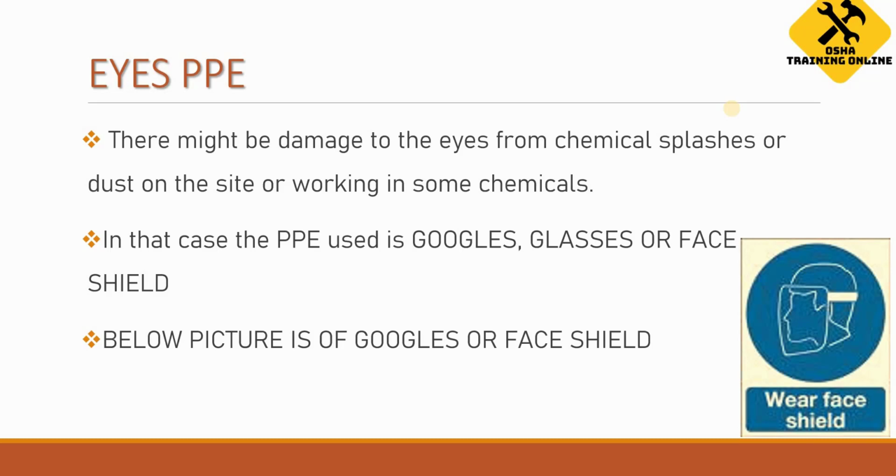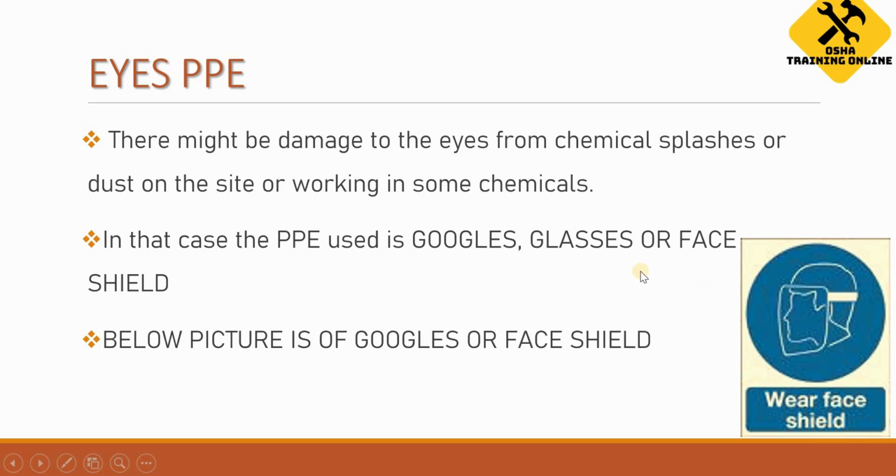There might be a lot of dust. For example, in construction work there would be dust, so in that case you should protect your eyes. The PPE used is by the name of goggles. You can see the picture. This is the face and the person has used goggles. This is called goggles.